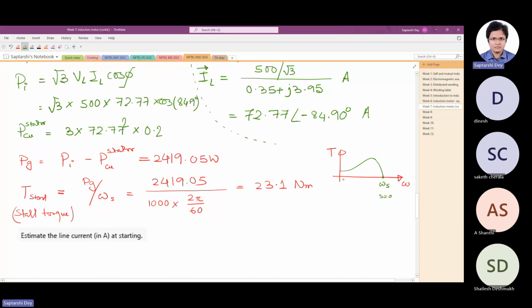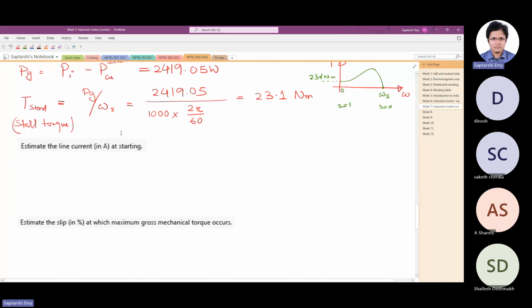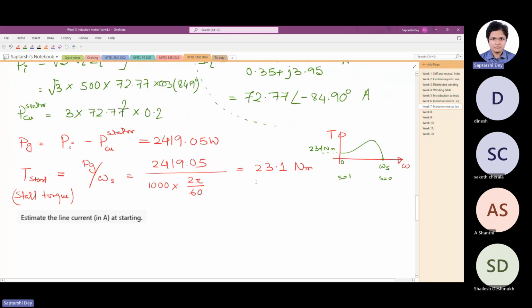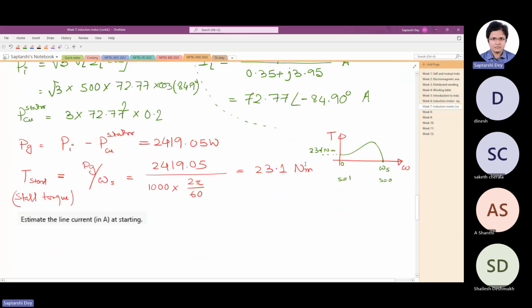This is starting where slip is 1. Here the torque is 23.1 Newton meter. Okay. Estimate the line current at starting. Already did that here, 72.77 ampere.